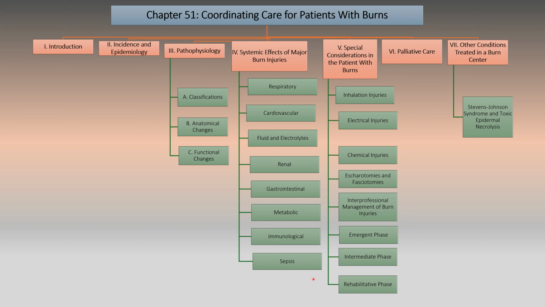All major burn patients develop systemic inflammatory response syndrome, an exaggerated inflammatory state. If the patient survives the initial 24 hours of burn shock, as I said earlier, sepsis is the leading cause and requires specialized criteria. So now we're moving to special considerations.